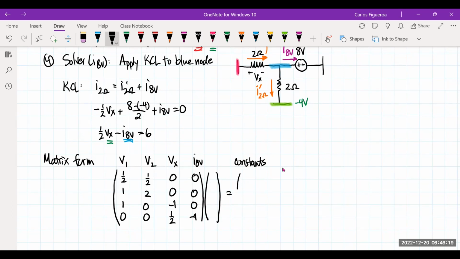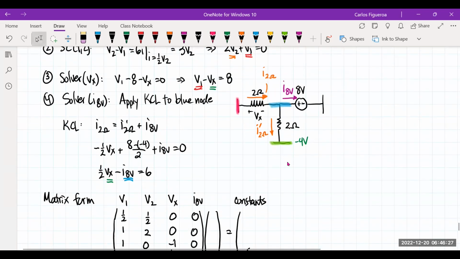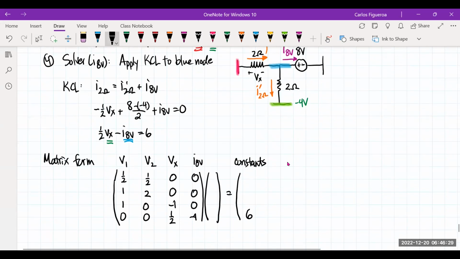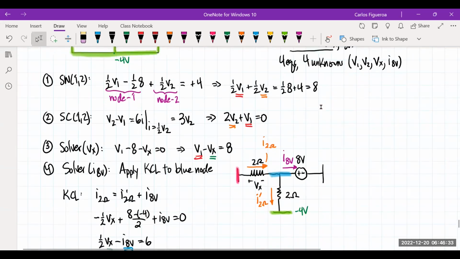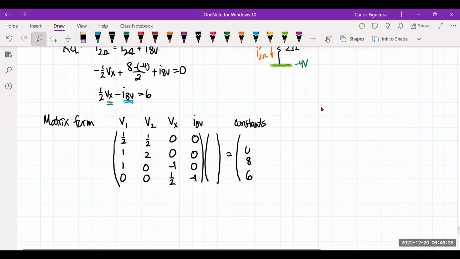Now let's get my constants. The last one has a constant of 6. As I go up 3, I get 8. If I continue to go up, it's 0 and 8. So then I get 0, 8. Now we do a little bit of matrix magic.